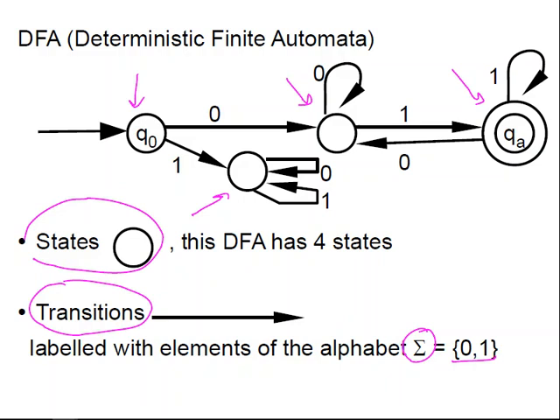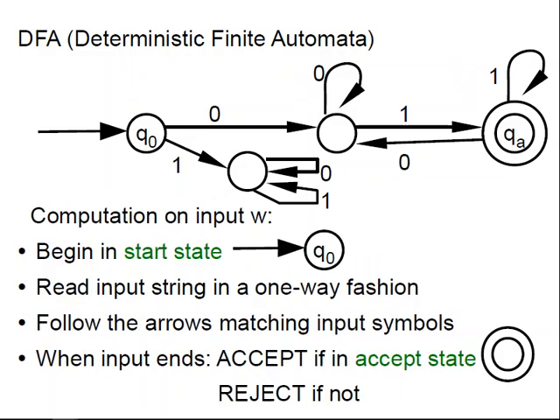Fine. How does this thing compute? Here is how it computes on a given input W. We're going to begin the computation in the start state. The start state is the one which has an arrow that goes into it, but does not come from anything. Here it's Q0. Then we're going to read the input string in a one-way fashion, and follow the arrows matching the input symbols.